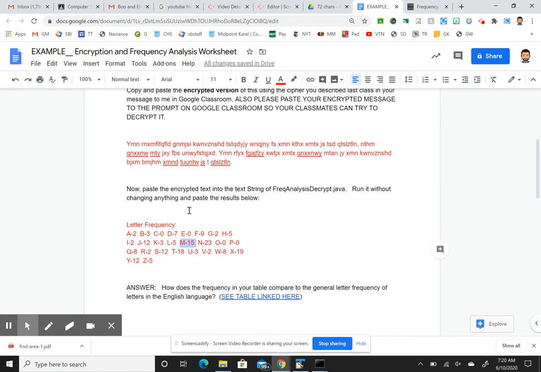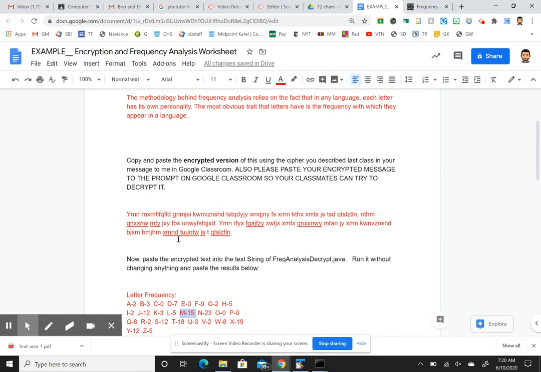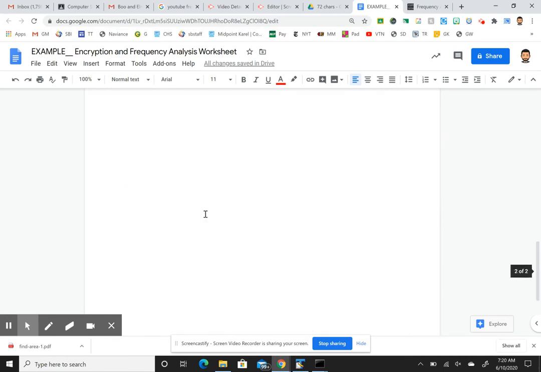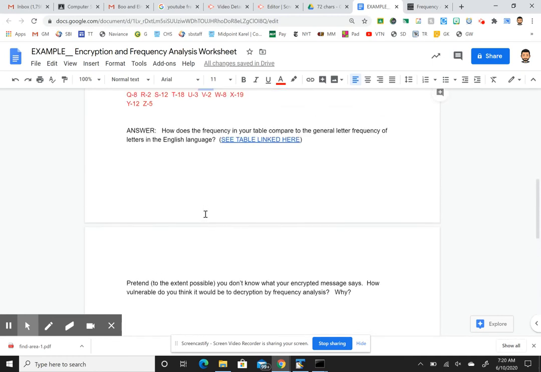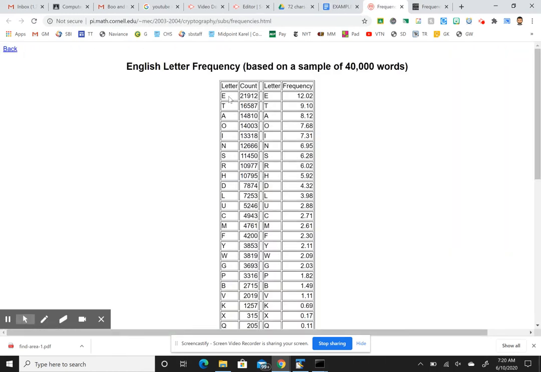So if I look back at my message here, I can make some pretty good guesses. N is 23. That's the most frequent letter. And if I look at the frequency table, I can see the most common letter is actually E. So a reasonable starting guess would be that N is equal to E.